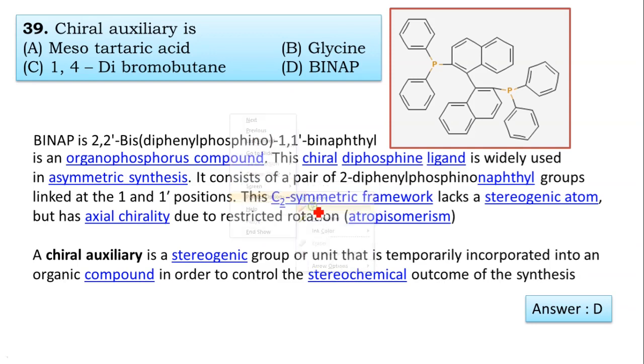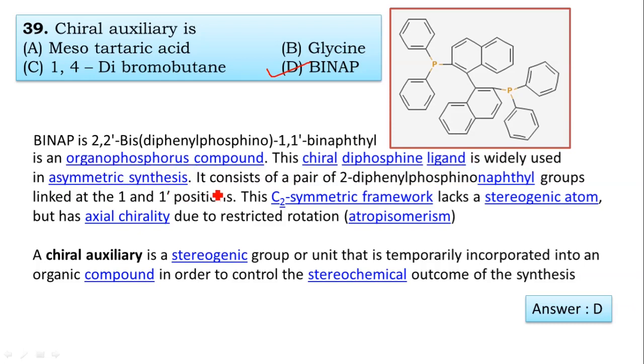A chiral auxiliary is mesotartaric acid, glycine, 1,4-dibromobutane, or binaphthalene. Here binaphthalene was the correct answer. BINAP, 2,2'-bis(diphenylphosphino)-1,1'-binaphthyl, is an organophosphorus compound. This is a chiral diphosphine ligand, widely used in asymmetric synthesis.